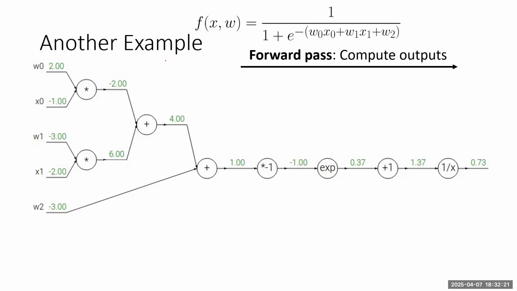Now we want to go the backward path. Again, we always start from here. The derivative of f with respect to itself, which is always what? Now, this is the upstream. I have to calculate the local gradient for this one.